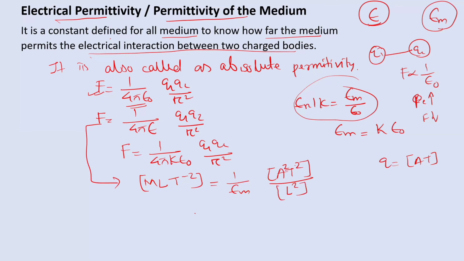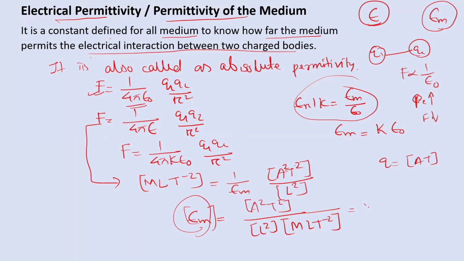So finally, taking epsilon m to this side, here you will have A square T square, L square in the numerator, and in the denominator M L T minus 2. So finally you get the dimension of epsilon m. From here, it is A2, M to the power minus 1, and T will go above, T to the power minus 2 becoming plus 2, so you will have T to the power 4.